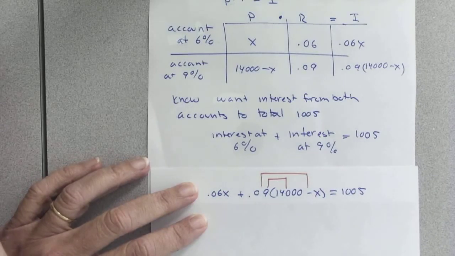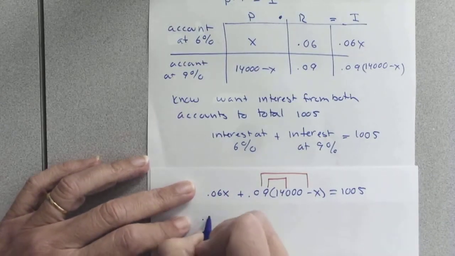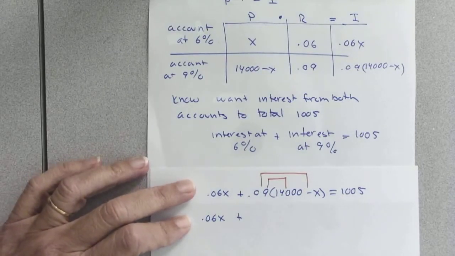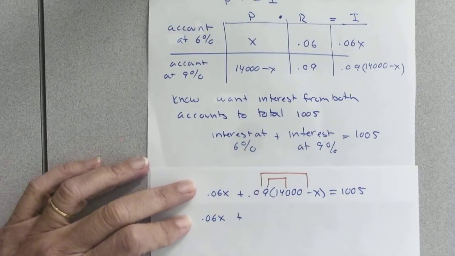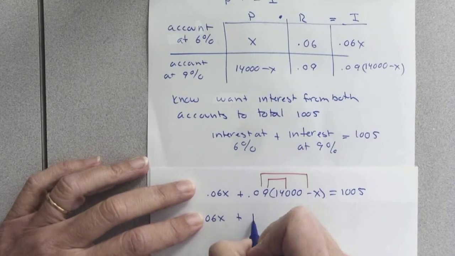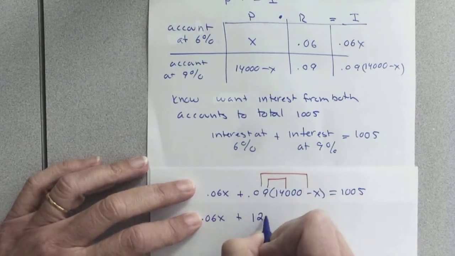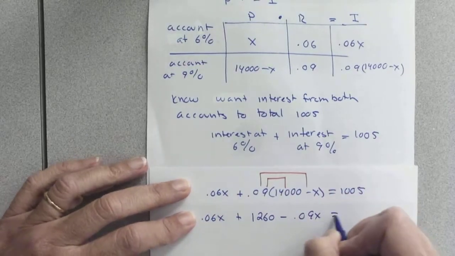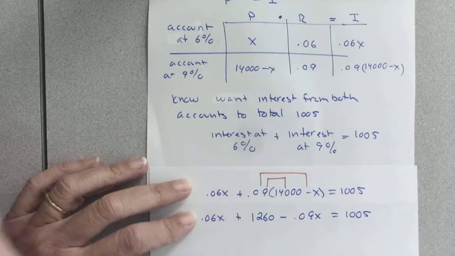So we'll start by distributing. So I get 0.06x plus, and I ask my calculator what 14,000 times 0.09 is. It's 1,260 minus 0.09x equals 1,500.